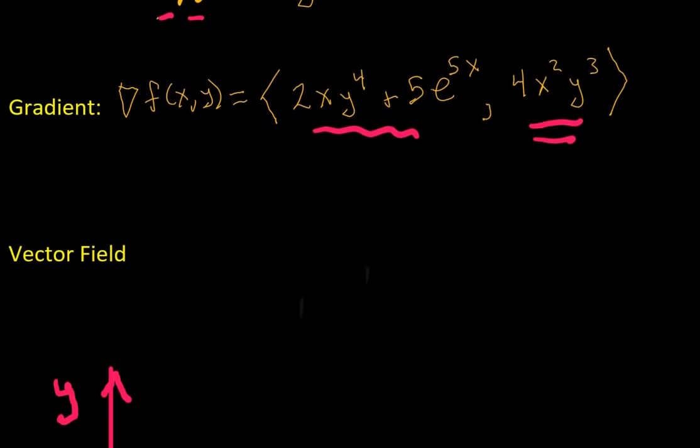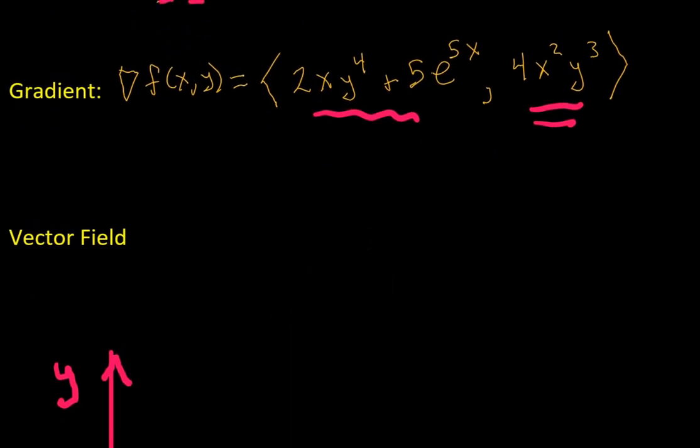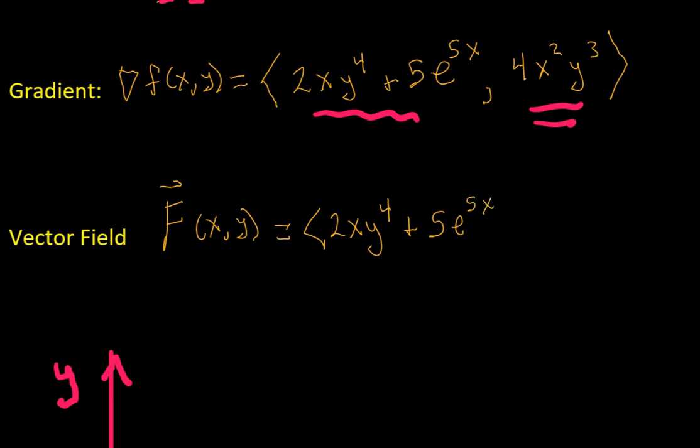So the vector field, for reasons that will become a little bit more apparent in later lectures, we'll use the capital F of x y since there's two possible variables. F of x y equals 2x y to the fourth plus 5e to the 5x.